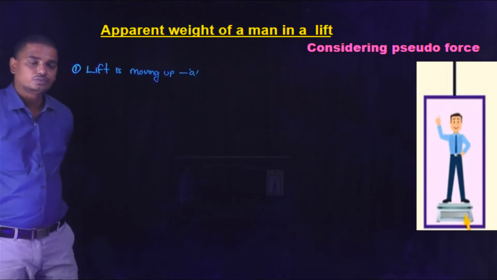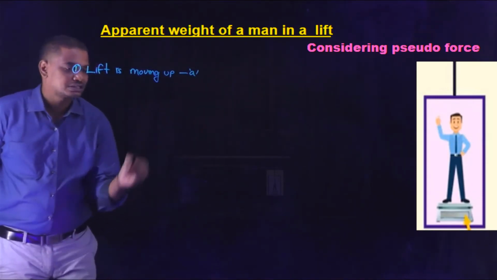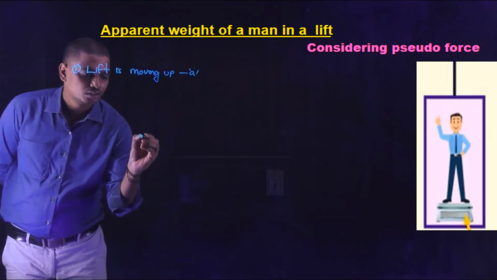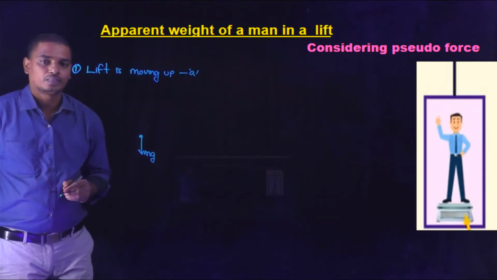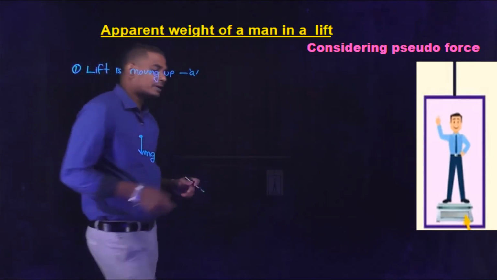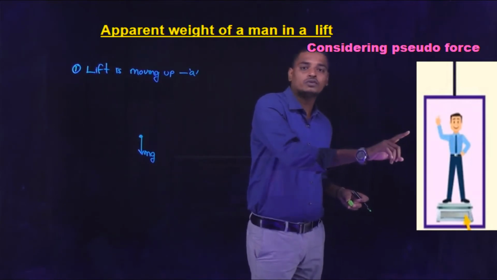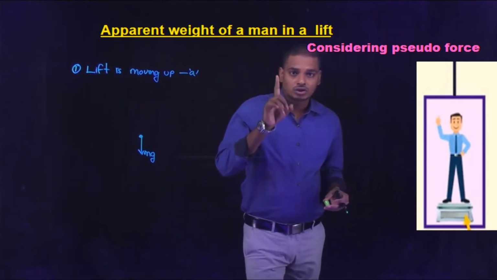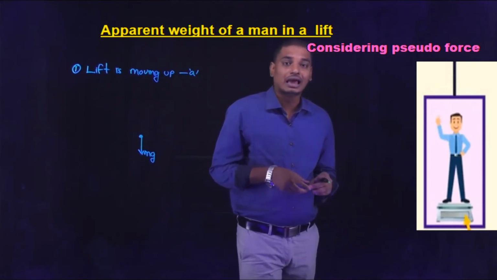If the lift is moving up with an acceleration of a, the forces acting on the body are the weight of the body mg, and as the person is also inside the lift, there is a pseudo force acting on the body. The pseudo force is always opposite to the direction of the acceleration.